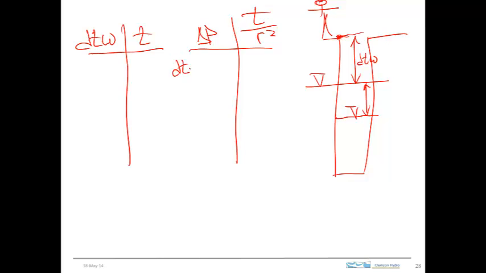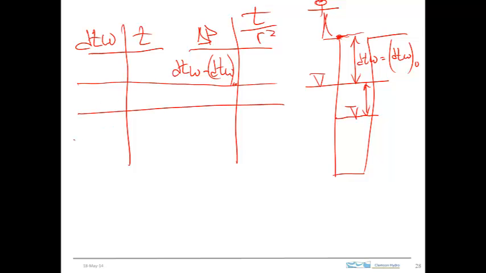It's the depth to water minus the initial depth to water. So that guy right there, that would be depth to water 0, the initial.